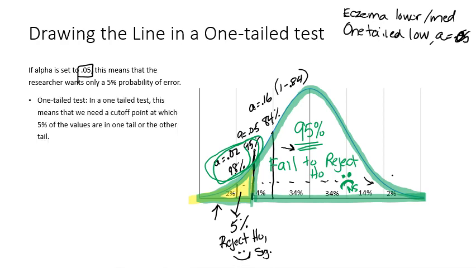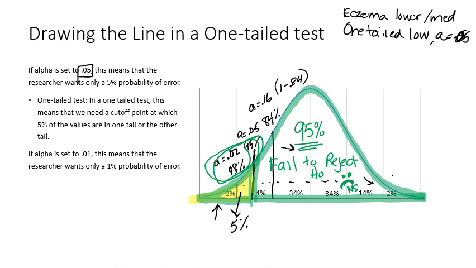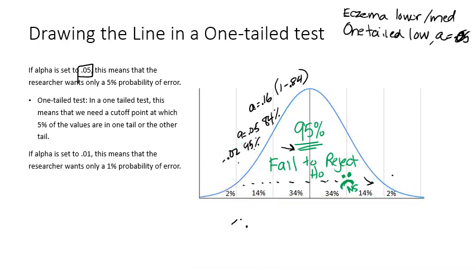So let's move on. This is what we've just described. What if alpha is set to 0.01? Let's get out the eraser and see if we can look at what this would mean. So there is our 5% region.